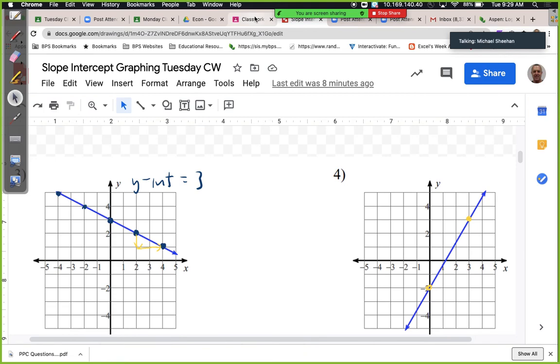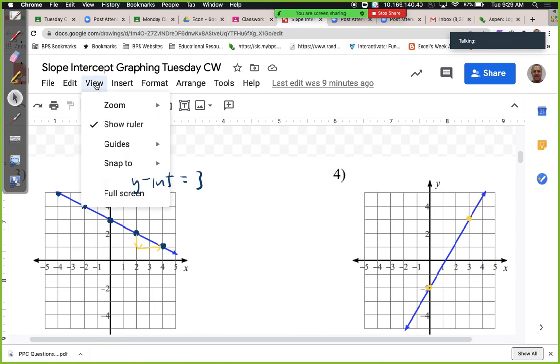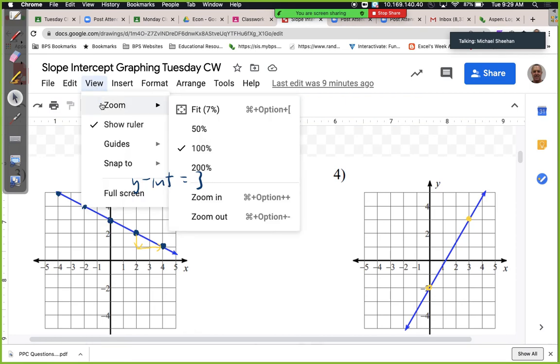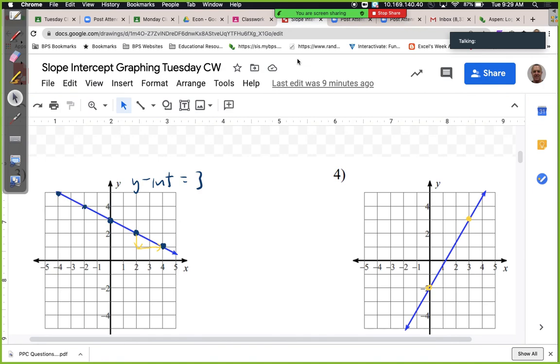And Schneidine, we're on the Tuesday classwork. When you open it up, you want to go to View, click on Zoom, and then choose 100%. Okay.